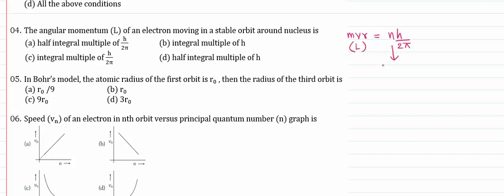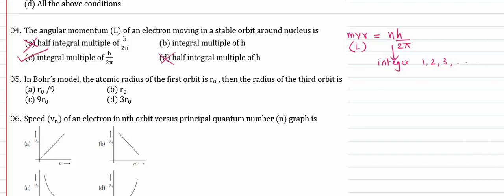Here n is an integer, that is 1, 2, 3, and so on. If you see the options, half integral: n is an integer, so it is not half integral. So A and D are not the answer. Integral multiple of h by 2 pi, so option C is the answer.